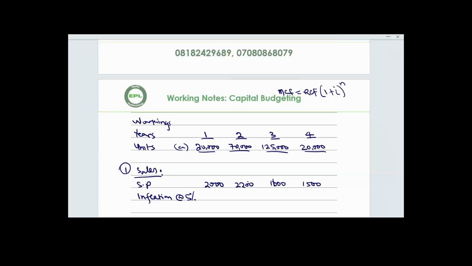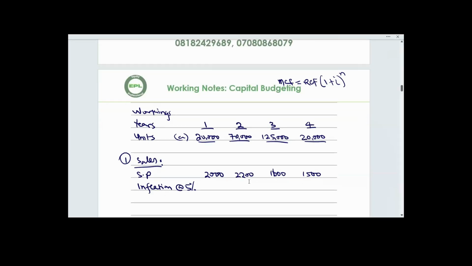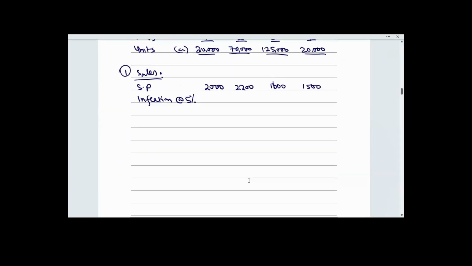The same thing applies in this particular question we are solving. The selling price given to you is in current price terms, which means they are real cash flow, so you want to convert that real cash flow to money cash flow. The inflation rate is 5%, so I'll say 1 plus 5% gives me 1.05.